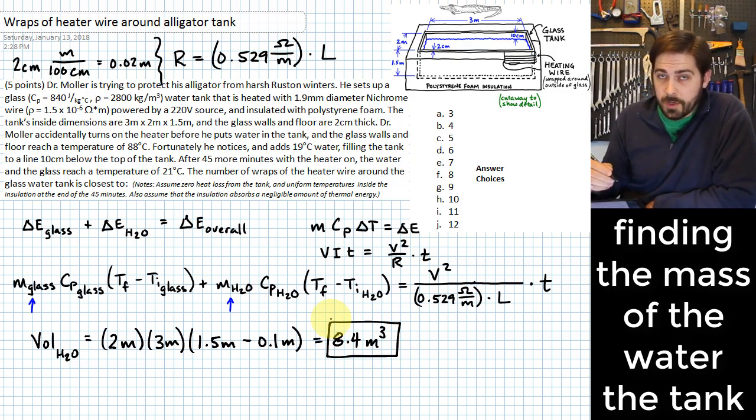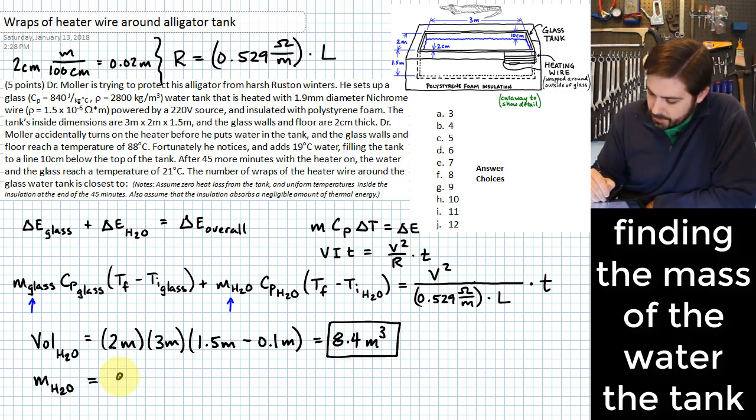And again, we don't want just the volume of the water, we want the mass of the water. And the mass of the water is just going to be equal to the volume of the water, 8.4 cubic meters, multiplied by the density of the water.